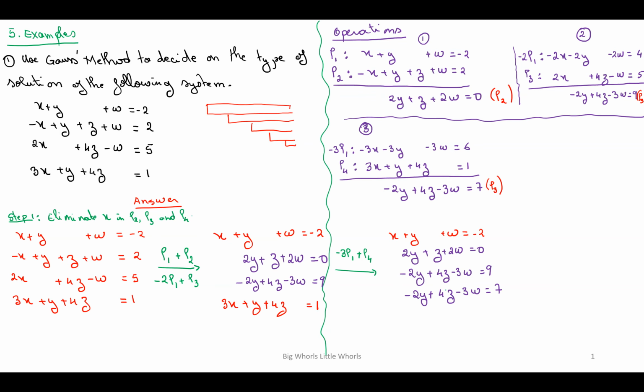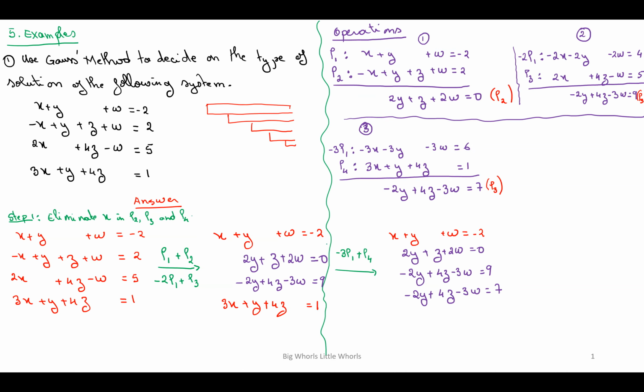Let me be sure that everything is correct. Okay, so let's go to the second step. Step 2 is to eliminate y in row 3 and row 4.